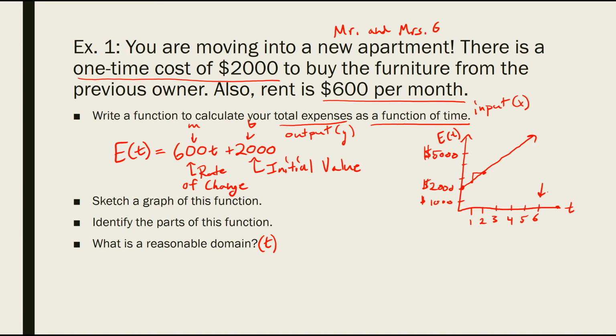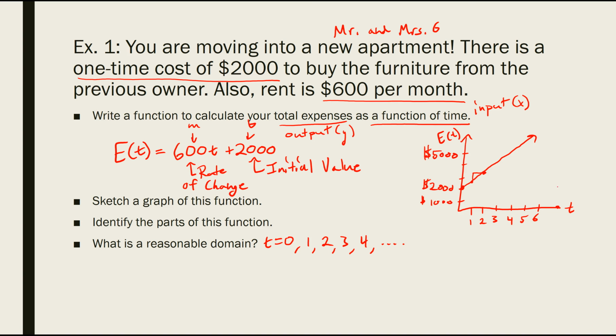Can I go higher than 6? Yeah, definitely. So doesn't t start at 0 and then go up from there, right? So these are all the different t values that I can plug in. I start at 0 and then I'm going up per month.